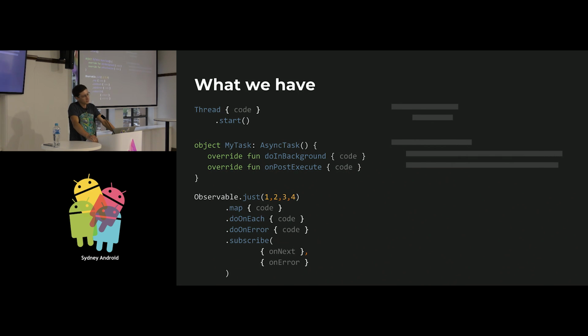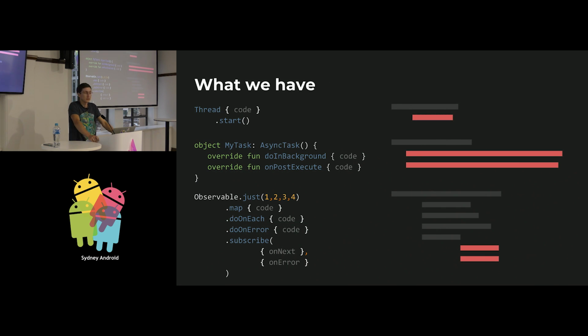If you go with a bit more advanced stuff, there are reactive streams, where you need to chain all these operators to avoid callback hell. But anyway, you still need to specify a callback for your onNext or onError. So all these three solutions have a common problem, and that's specifying callbacks.